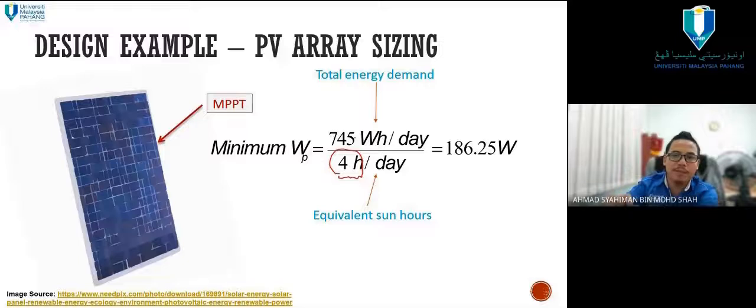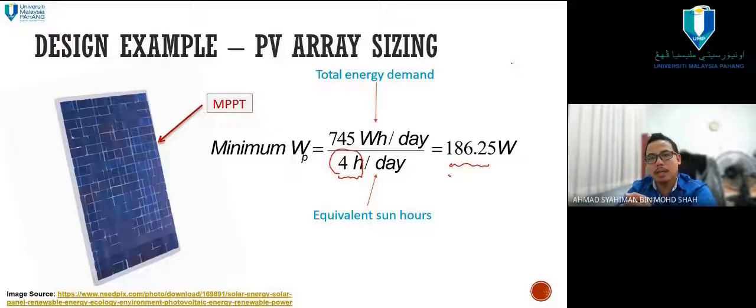Then you divide with the equivalent sun hours or PSH of the place. So here for this case we get 186.25 watts, means that in one day we need the energy of 745 watt hour, considering how many hours for the first device, second device, third LED, fourth LED that we have calculated before.